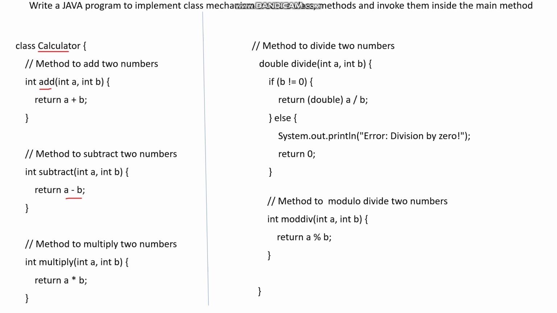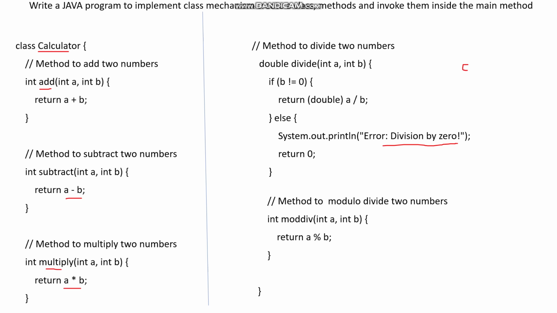The third method is the integer multiply: return a into b. The fourth method is the division method here. If b is not equal to 0. Why? Because whenever b is 0, then we can go into the infinite loop. That's why else System.out.println error, division by 0.